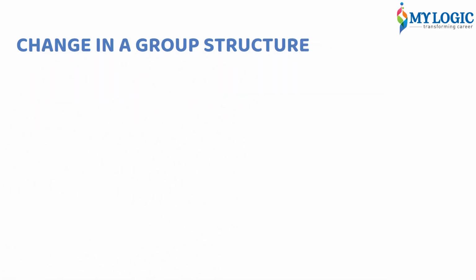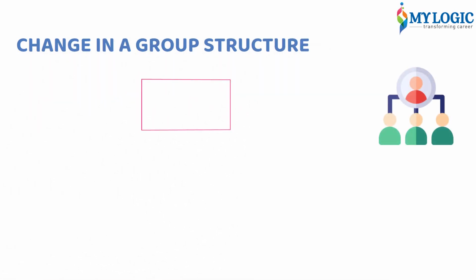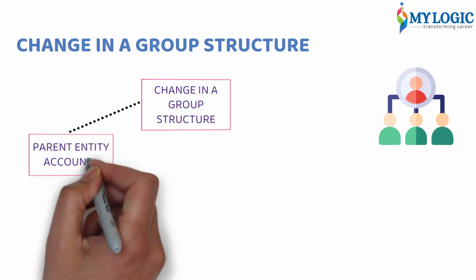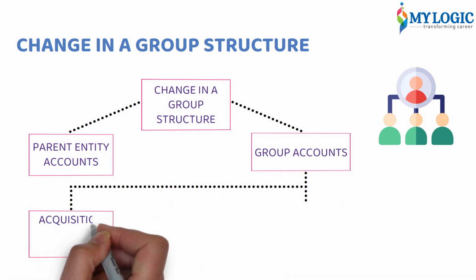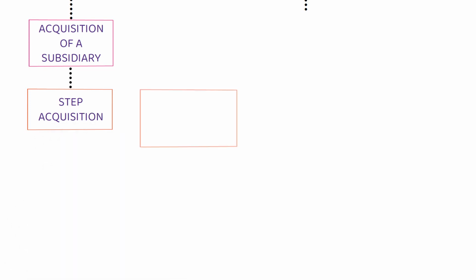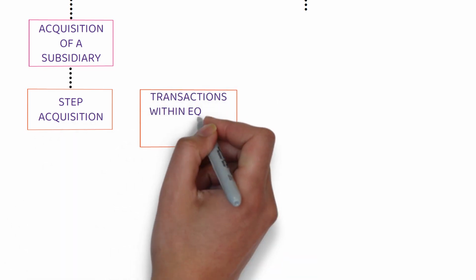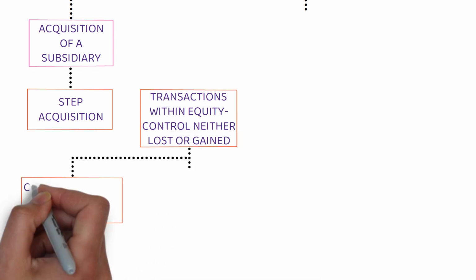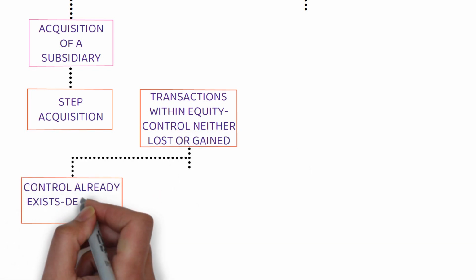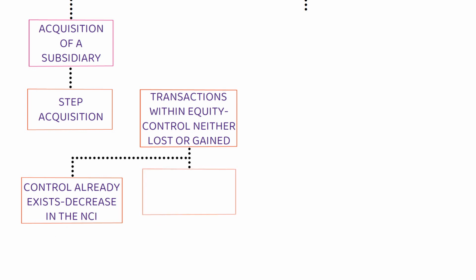Chapter 19. Change in a group structure. Parent entity accounts. Group accounts. Acquisition of a subsidiary. Step acquisition. Transactions within equity control neither lost or gained. Control already exists. Decrease in the NCI.